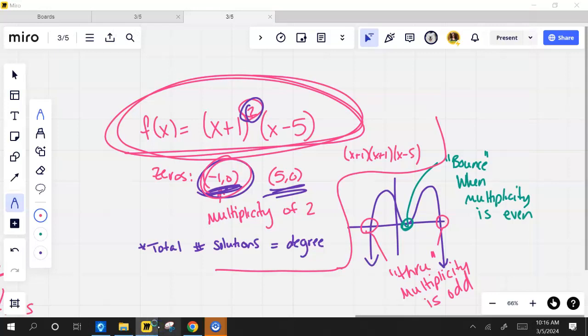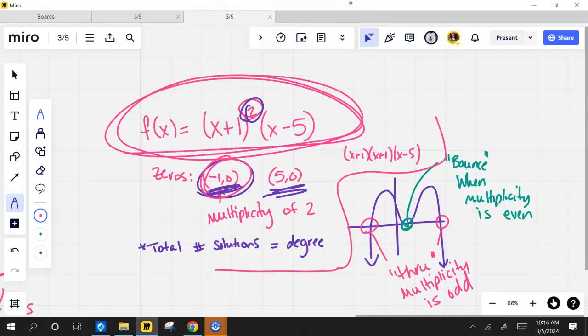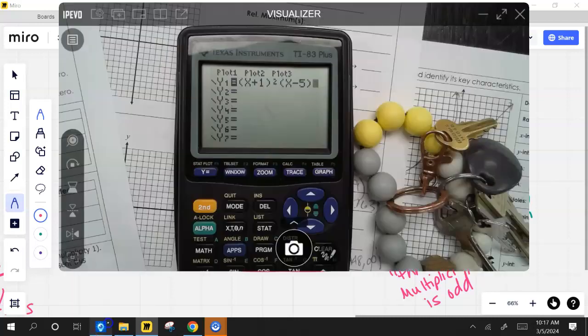X plus 1 squared, x minus 5. So if what I have thought about with multiplicity is correct, then whenever I hit -1, I should bounce.